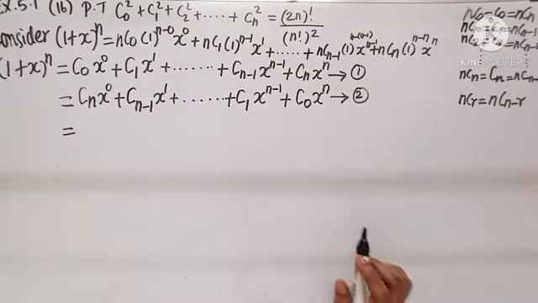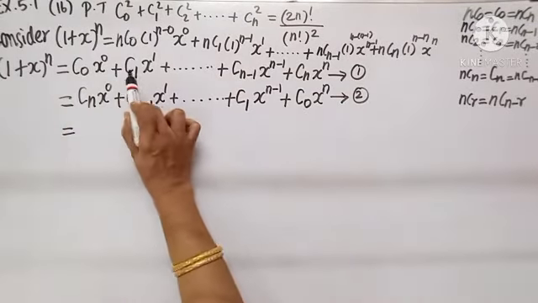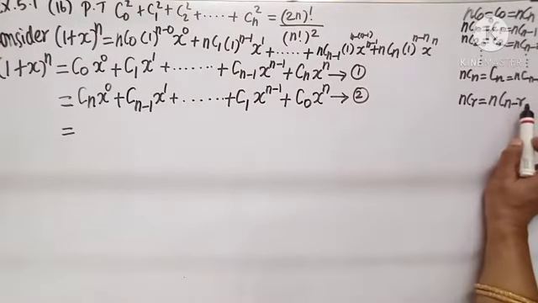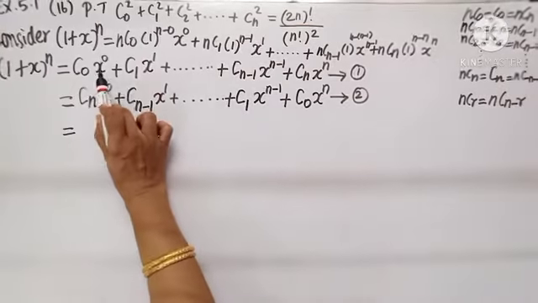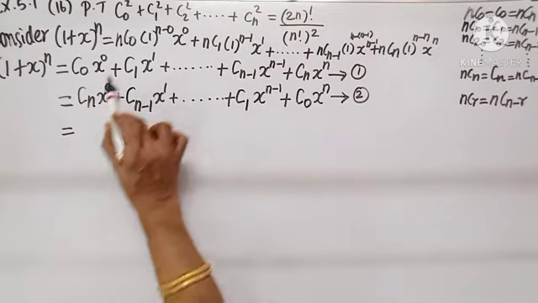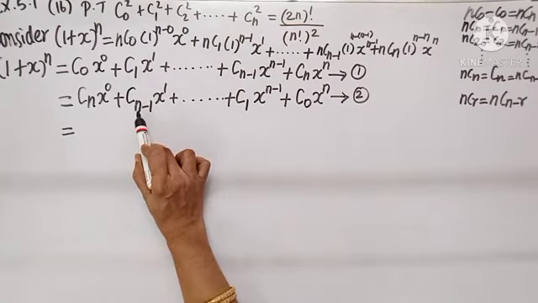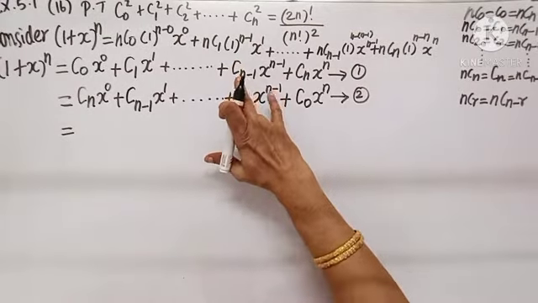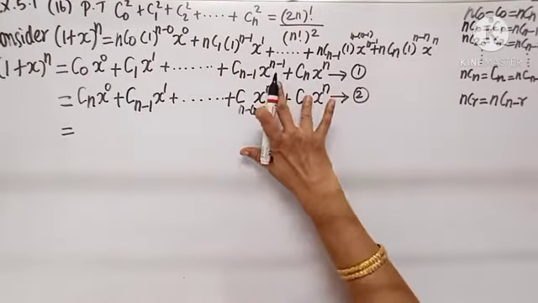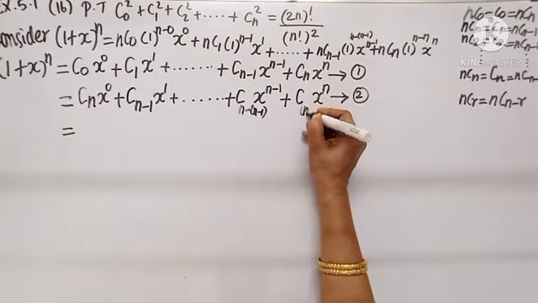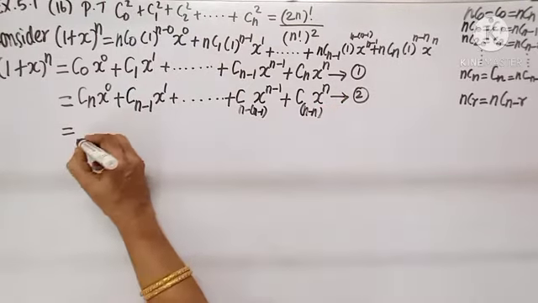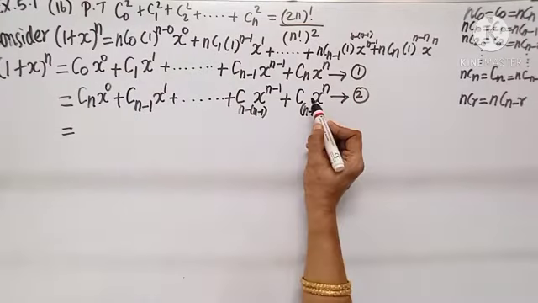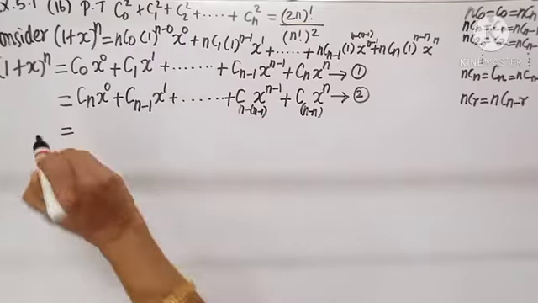So what have we done? Wherever 0, 1, 2, 3 are coming, we replace it with n minus that number. So 0 will become n minus 0, 1 will become n minus 1, n minus 1 will become n minus (n minus 1), and n will become n minus n. As I simplify and reverse, I write this term first, this term second, like that.